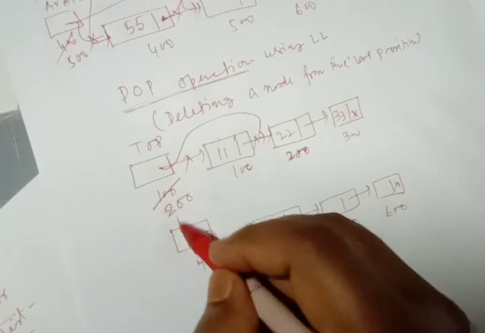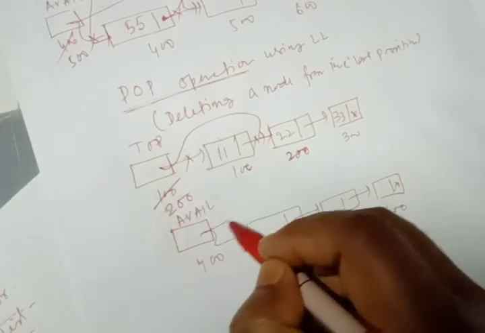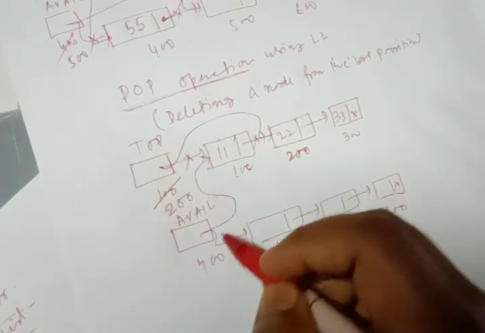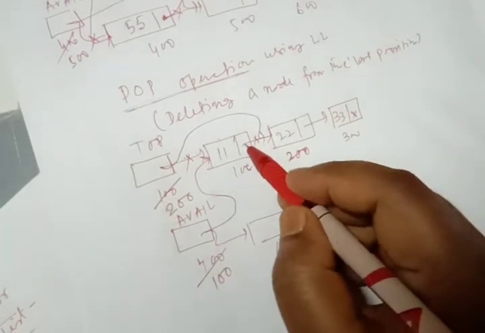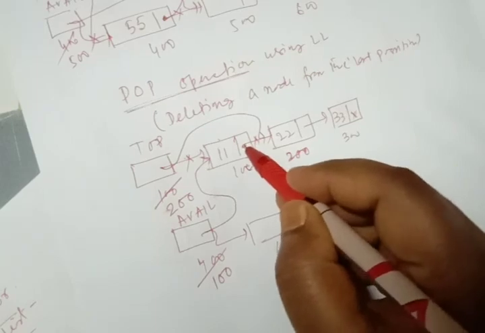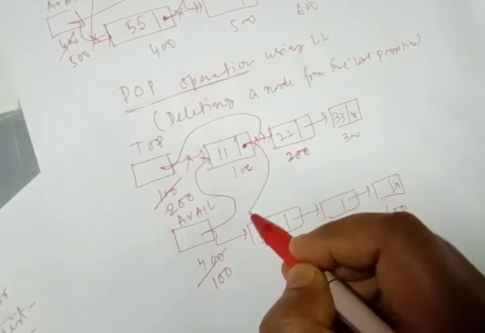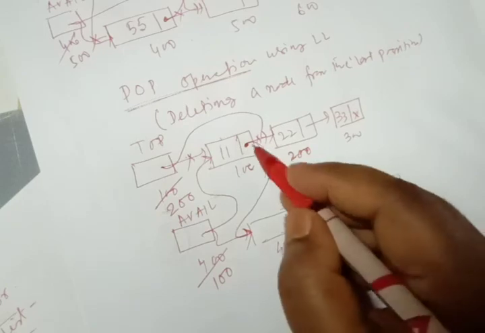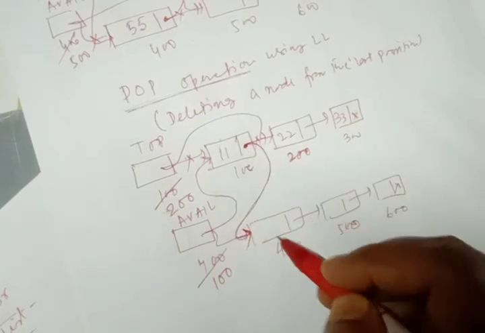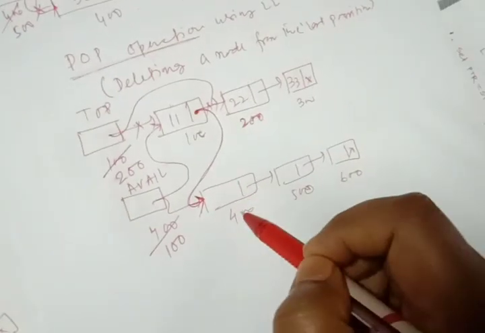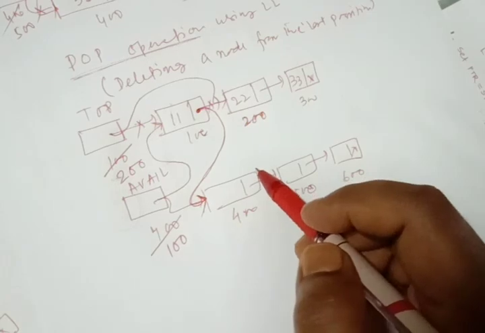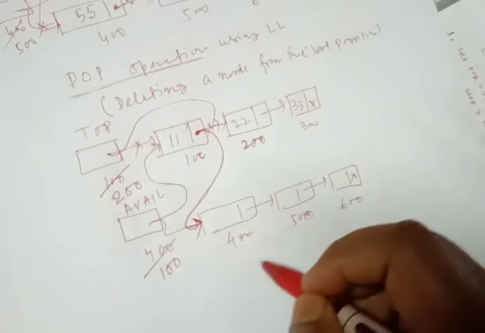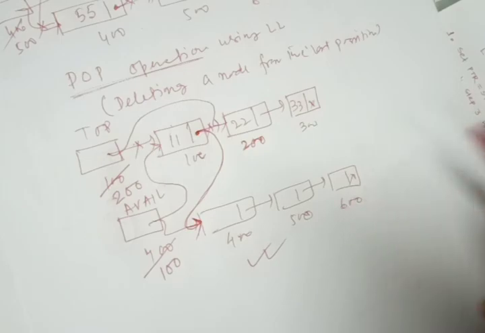And now avail will point to the deleted node, so the value of avail will change. The new value of avail will be 100, and the deleted node will now point to the first avail block. So this is how we have to maintain the link. So this algorithm is the same as deleting the first node from the linked list. So with this I conclude this video.